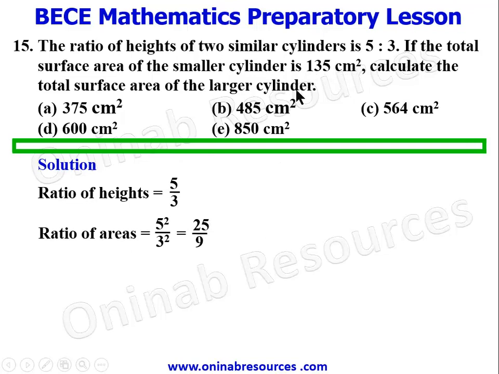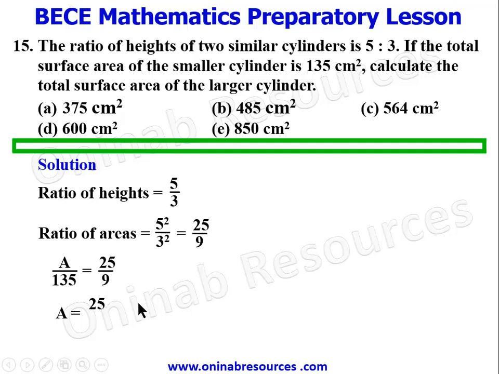And now we are going to use this ratio of their areas to find the second area given the value of one area. So since we are given the smaller area, let the bigger area be A. So that will be A over the area of the smaller cylinder is equal to 25/9, making A the subject of this relation by cross product rule.